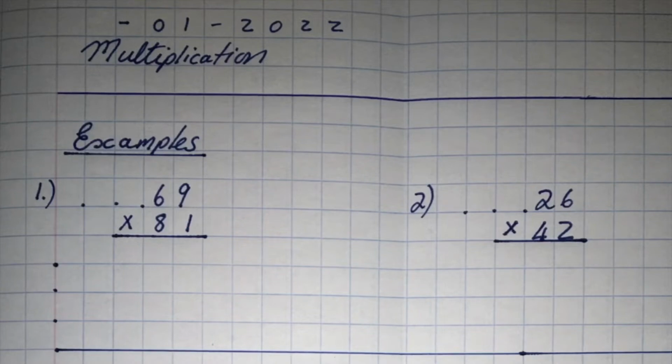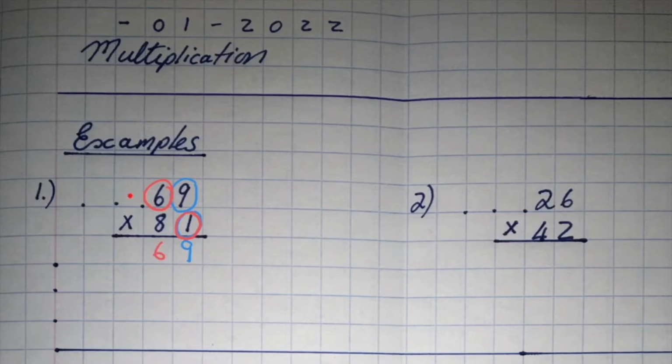Let's get started. Notice that the units are very neatly lined up, and we always start multiplying from the units. So we take this 1 and we multiply it against this unit, and 1 times 9 is 9. I then take the same 1 and I multiply it against the 6, and 1 times 6 is 6.